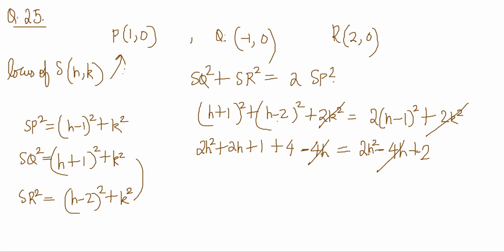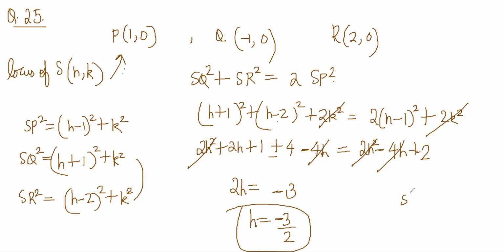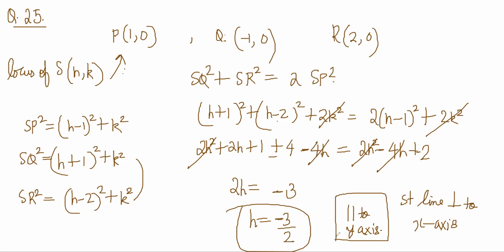Minus 4H minus 4H, 2H square, 2H square cancel, you get 2H is equal to minus 3. This is a straight line perpendicular to the x-axis or parallel to the y-axis.